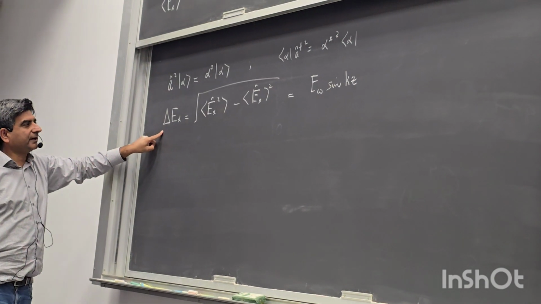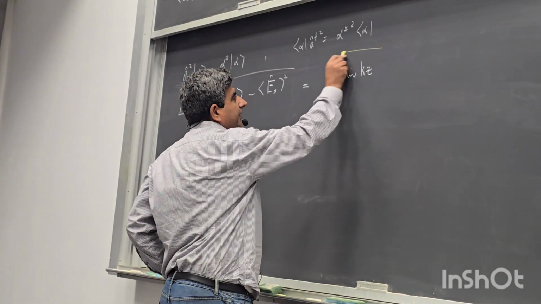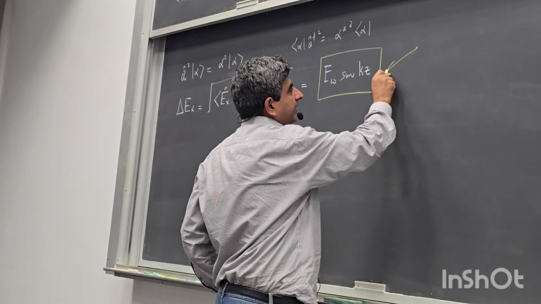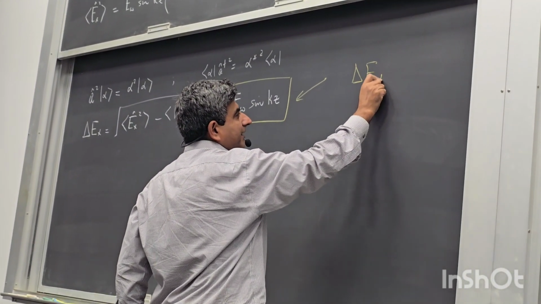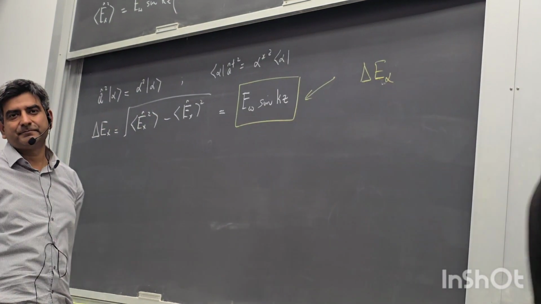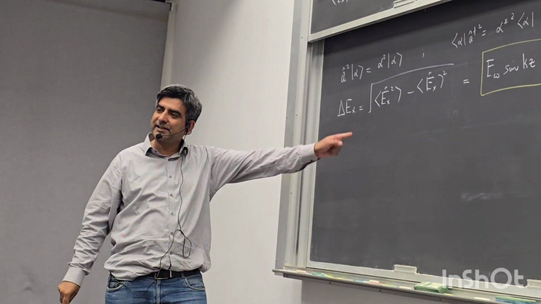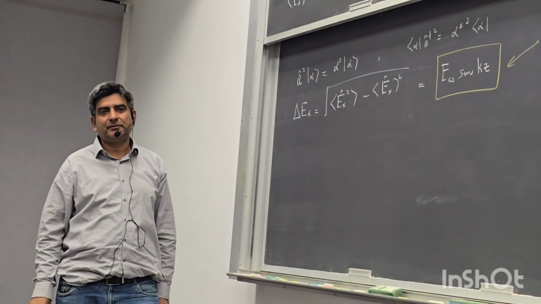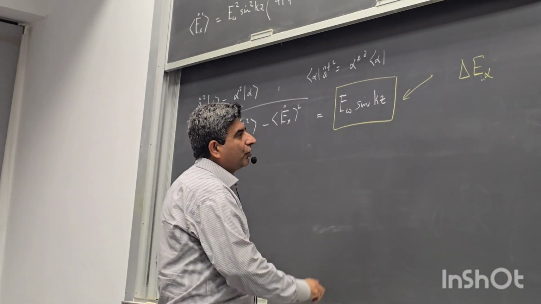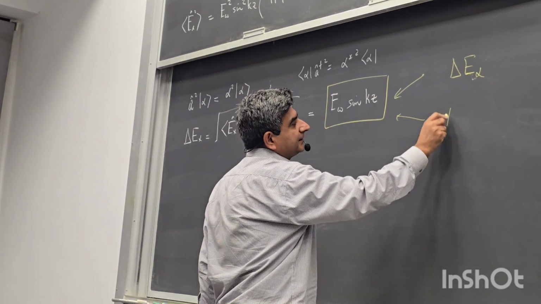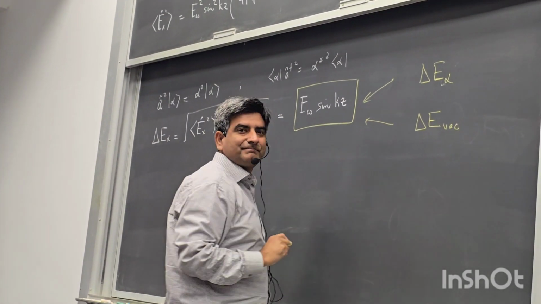Now, the beautiful result is that for a coherent state, if I look at the uncertainty of the coherent state, this is what it is. And if I look at the uncertainty of the vacuum state, it's exactly the same. So this is also equal to the uncertainty in the vacuum state.